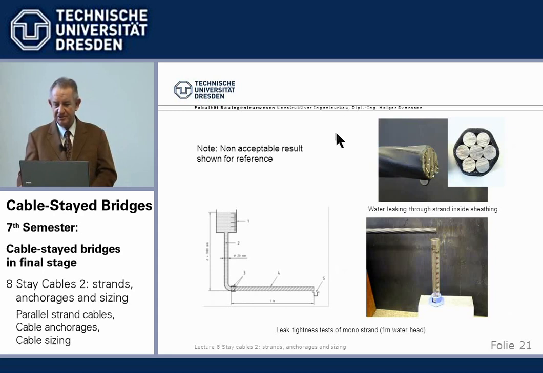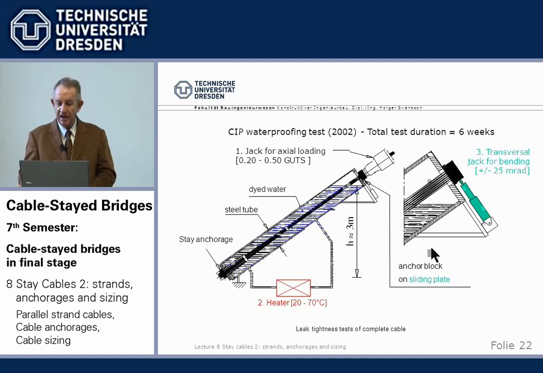Also, we try to check the water tightness of these monostrands. What we do is put a 1 meter head of water pressure on, and then it's for some weeks and what have you. And this must not happen: there must be no water dripping out. And there's also a FIP test. There are FIP codes, the PTI code, of course, all sorts of things.